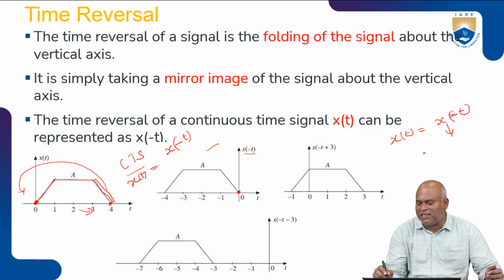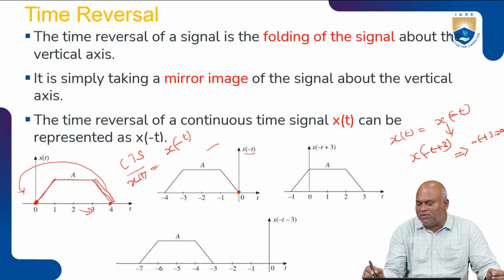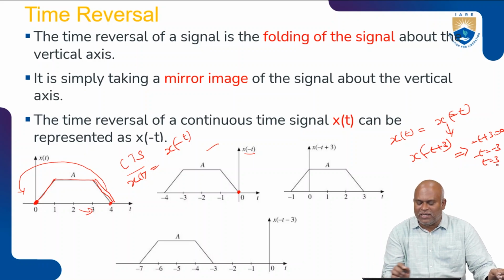This x of minus t, I shift by plus 3 position. So x of minus t plus 3, how should I write this value? Minus t plus 3 equal to 0, then minus t equal to minus 3, t equal to 3. See, the 3 position I am shifting.